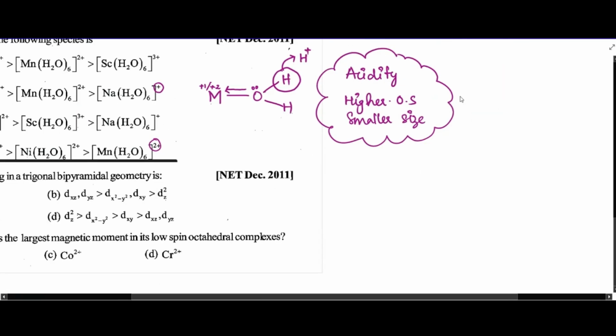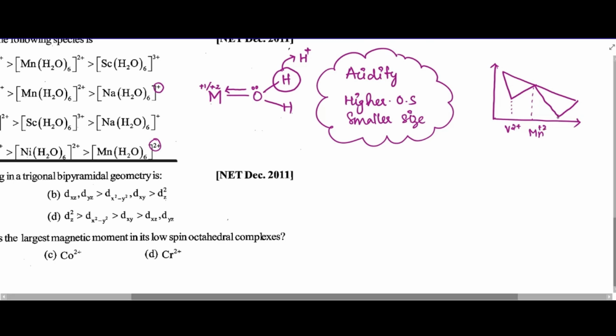For example, size ന്റെ കാര്യം അറിയാലോ അല്ലേ? ഇങ്ങനെയാണ് പോകുന്നത്. It goes like this. Scandium, titanium, vanadium ഇവിടെ. This is manganese and this is nickel. Okay.